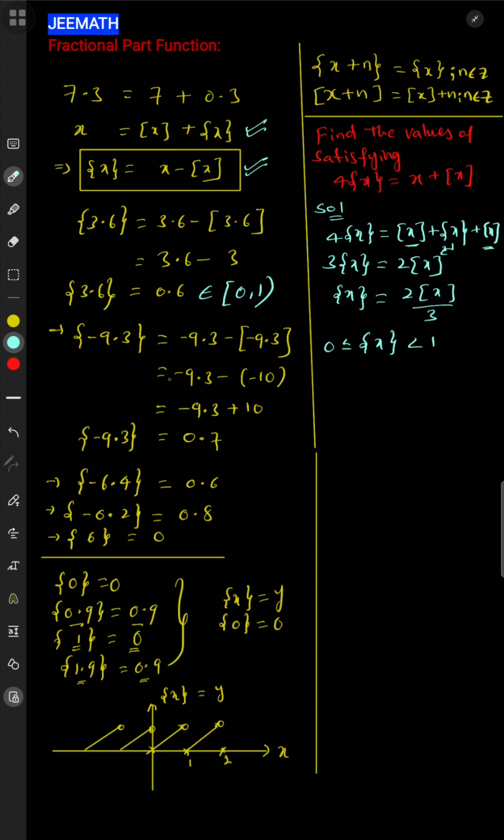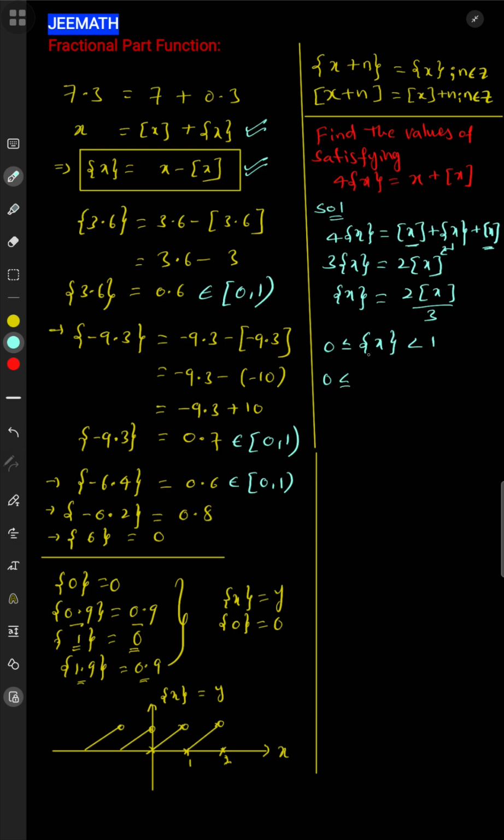And what is the fractional part of minus 9.3? That is also from 0 to 1 only. So the fractional part of any number will be from 0 to 1. So remember, the fractional part of x, for any number, will be from 0 to 1.